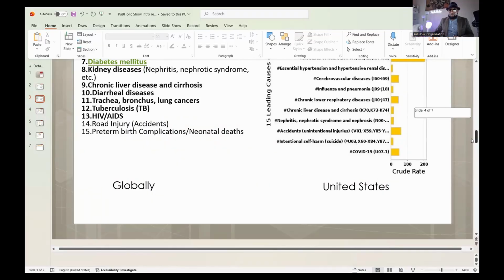So for the United States, if I look at this list that I mentioned, the question will be, why is this information important? Because knowing the leading causes of death will help individuals make informed decisions for their quality of life and life choices.